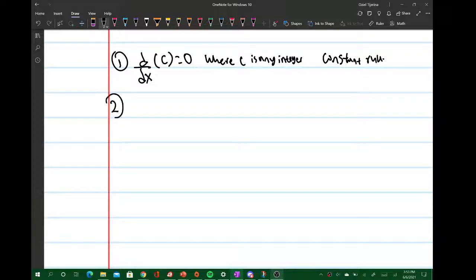The second one is d dx of x raised to the n power, which is going to be n times x to the n minus 1 power. So that's interesting.